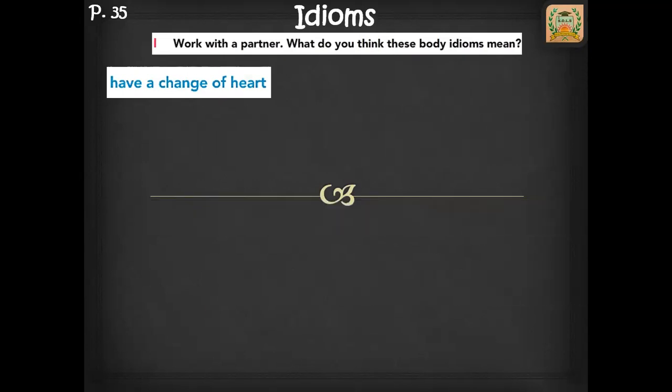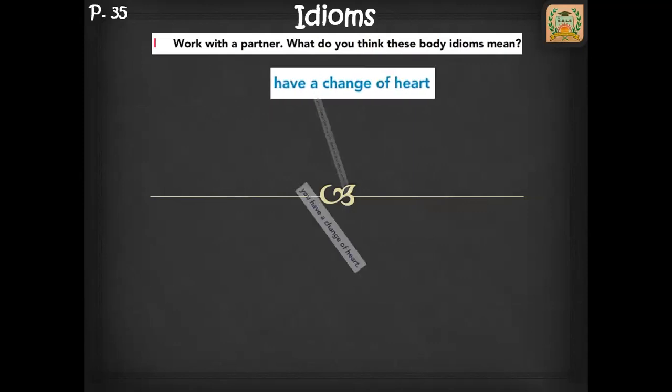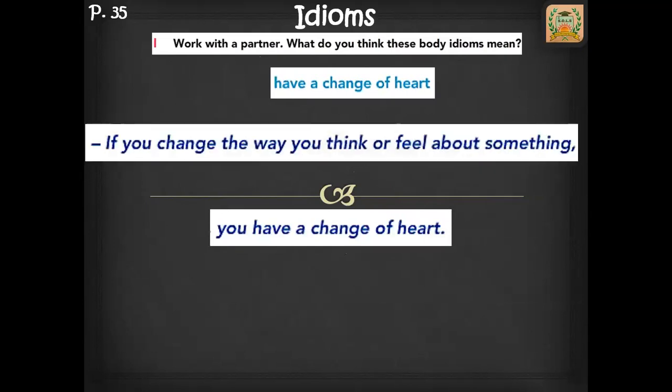What is the meaning of have a change of heart? If you change the way you think or the way you feel about something, you have a change of heart.